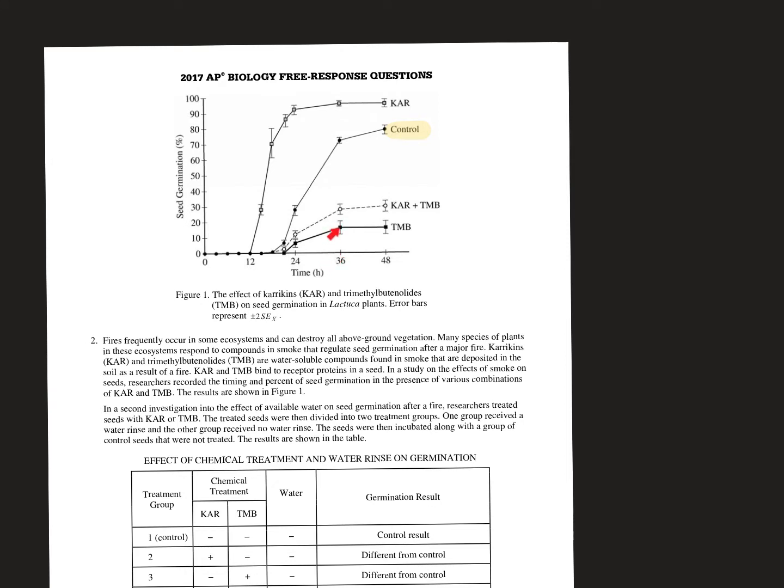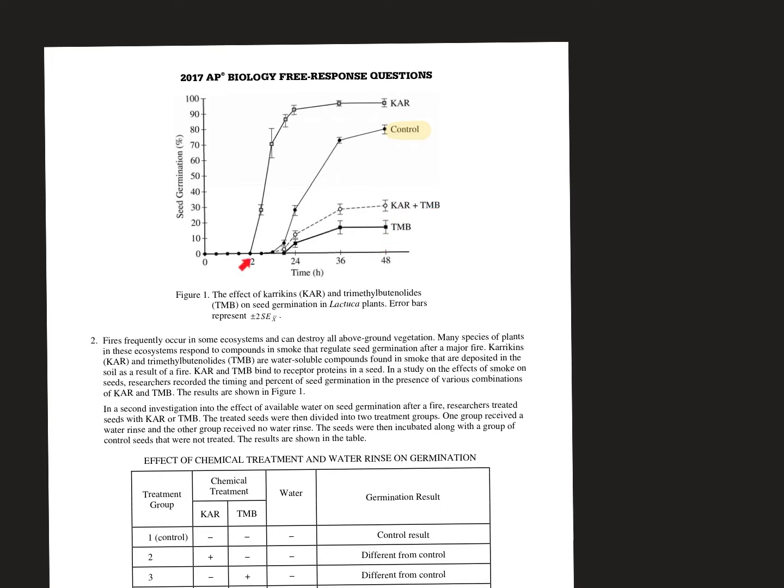So that's what the error bar means, right? That's what these little whiskers mean. They're error bars. So obviously this is trimethyl butylides, and these are the carrageenans, right? So carrageenan and trimethyl butylamide.